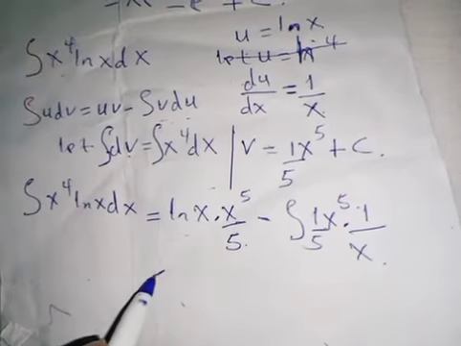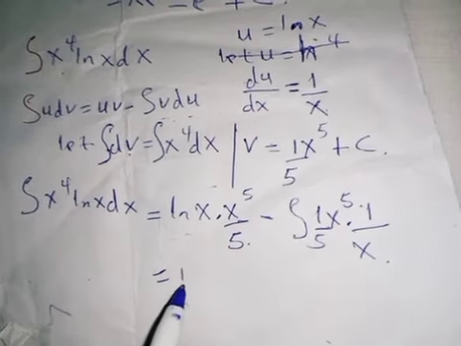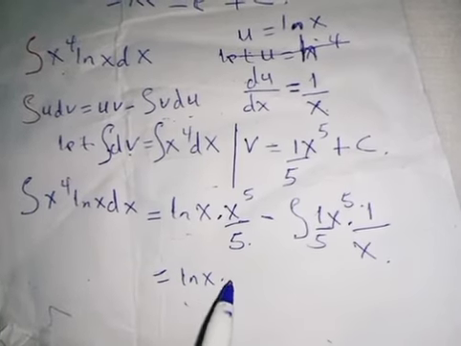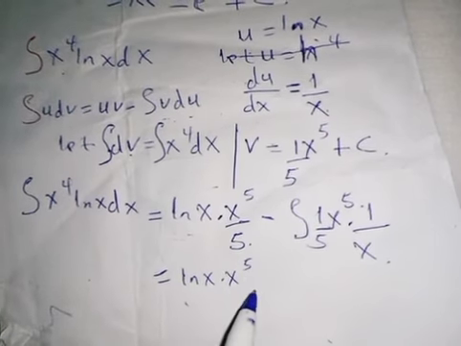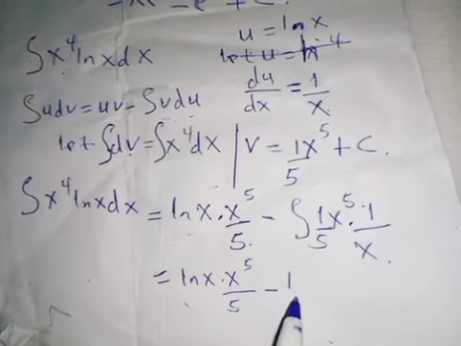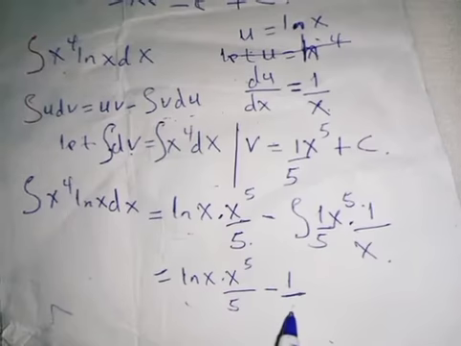This can be written as ln x multiplied by x power 5 divided by 5, minus, 1 over 5 is not affected by the integration, so you can take it outside.